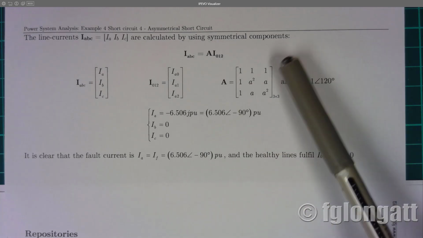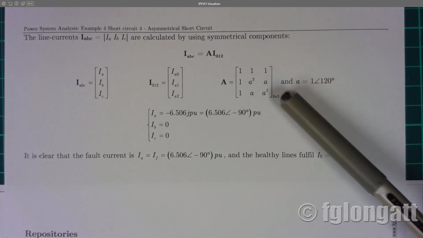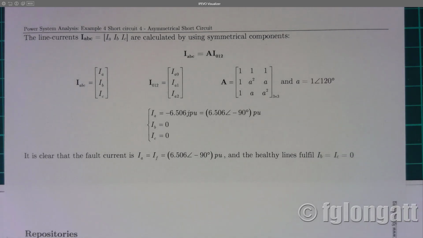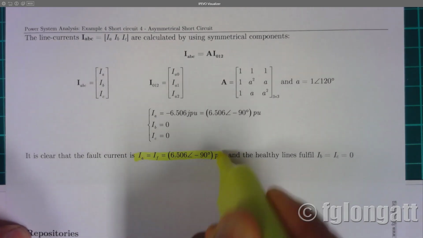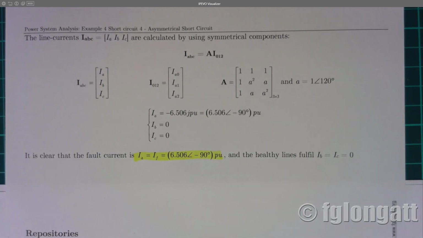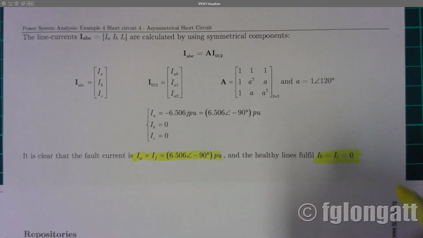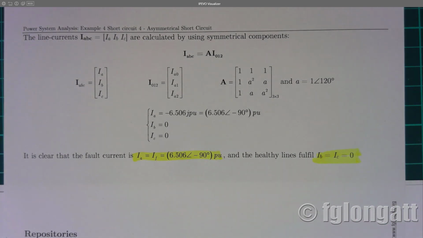Remember, the operator a, lowercase a, has magnitude 1 and shifts the angle by 120 degrees. Finally, we obtain the fault current, which is the current moving through phase A, and we can see that the current B and the current C are equal to 0 because this system is under no-load condition.